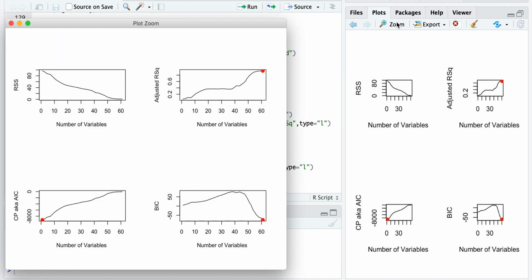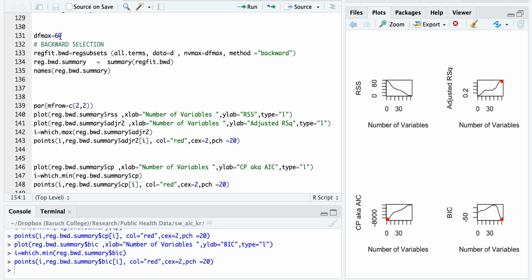If we look at it, we see the Cp or AIC is pretty meaningless. We want a small AIC, and it picks just one variable, which doesn't make any sense. The adjusted R square is more reasonable, it's at the end of the spectrum. And BIC is also at the end of the spectrum. So it makes me think that maybe I need more variables, but 70 is a lot. It's close to the maximum number of variables we have.